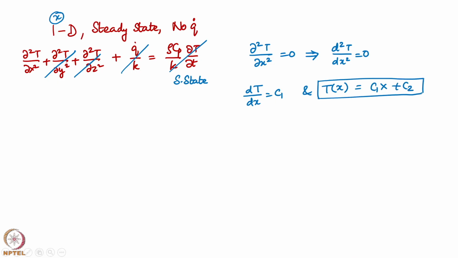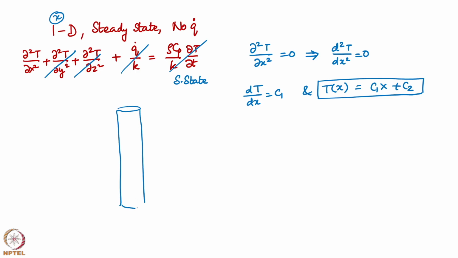Okay. So, now what do you mean by one dimension? It does not mean that heat transfer rate in the other directions is 0. What it means is about the gradients in temperature. I will just take a small example. This is going to be in cylindrical coordinates, but it does not matter, you will understand what I am trying to say.